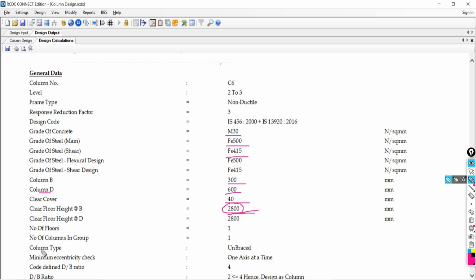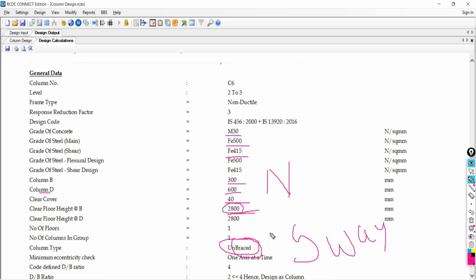See, if a column type is considered unbraced, it means sway. Very interesting. Column is considered unbraced, it means it is sway. If it is considered braced, it means restrained. Restrained means non-sway.